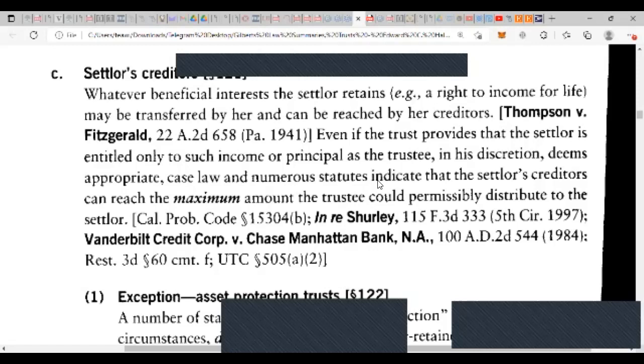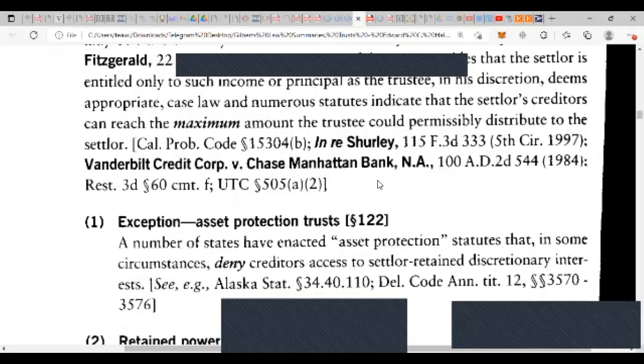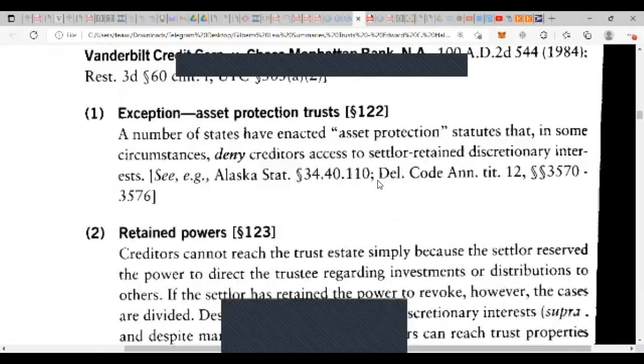In re Shurley, 1997, and Vanderbilt Credit Corp. versus Chase Manhattan Bank, 1984. Number one, exception, asset protection trust. Section 122.